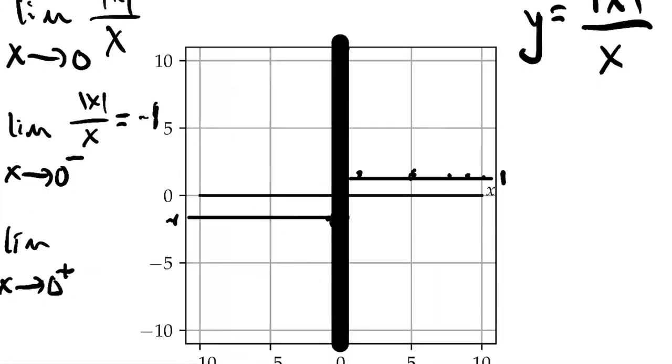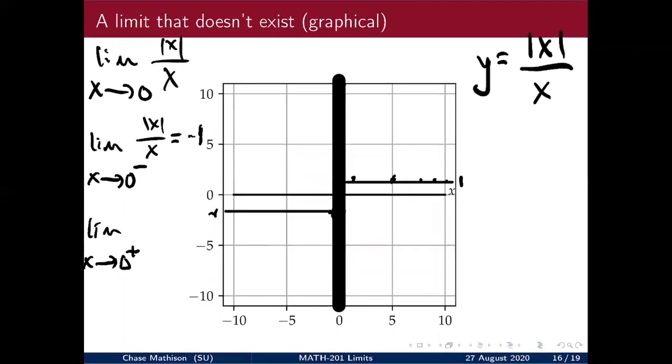So what does it look like the function is approaching as x goes to 0 from the right? +1, right? It's just staying at +1. You guys are nailing this. So the limit as x approaches 0 from the right of absolute value of x over x is equal to +1. Okay?